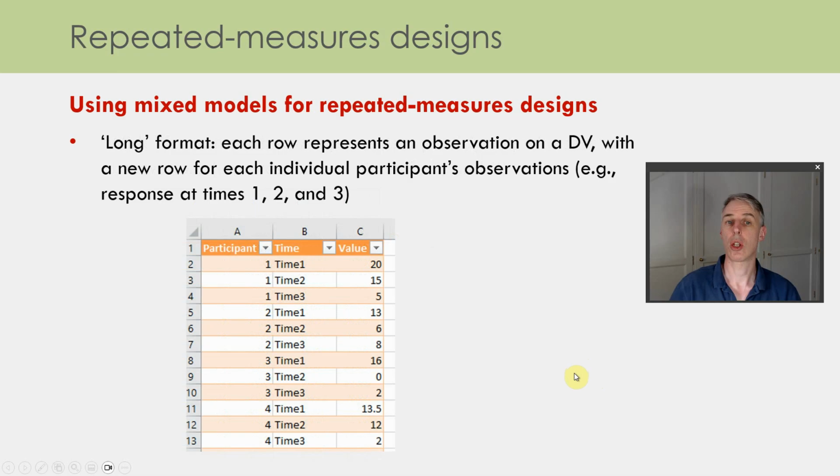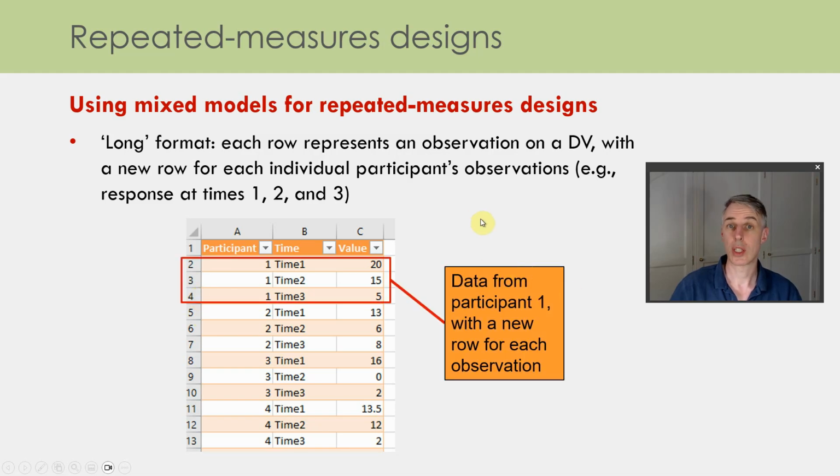Now, in contrast, long format data reformats the data so that each row instead represents one observation from a given individual. And if a given individual provides more than one observation, then they are allocated to different rows. Okay, so look at the way the data is set up here for that same participant's data.